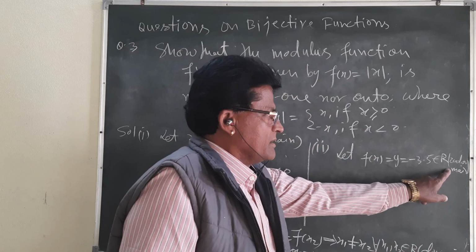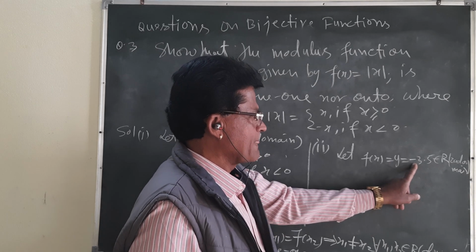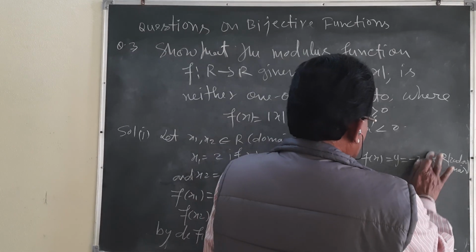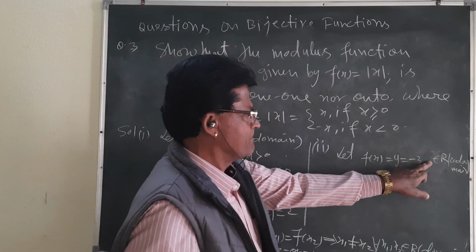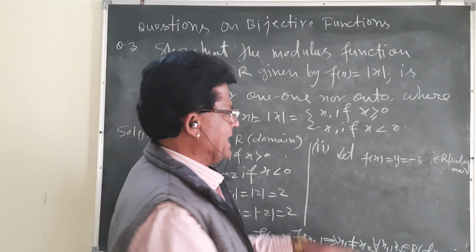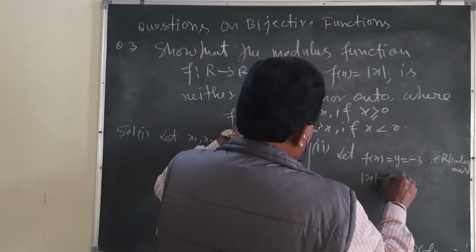This is the codomain. I have taken the value of y as negative. If you want to take minus 3.5, you can take it, otherwise you take minus. Okay? And in place of f(x), you take |x| is equal to minus.